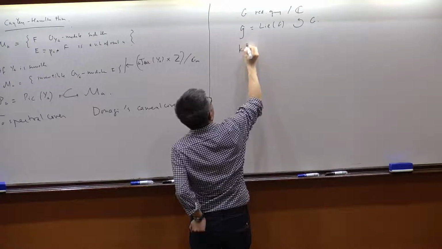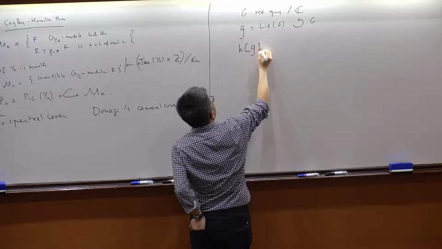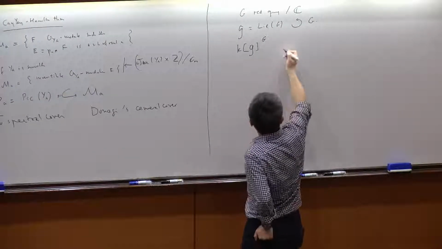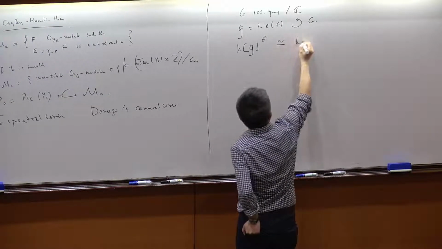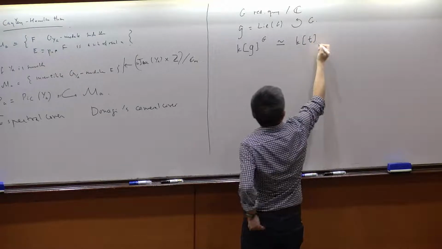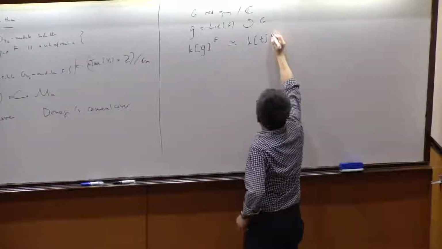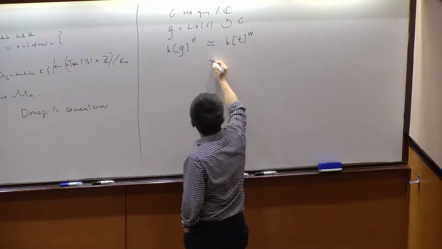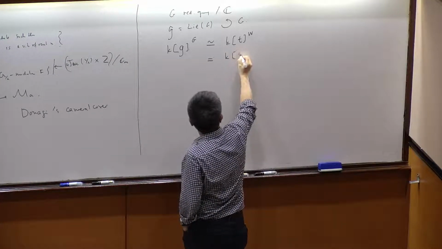We know that the ring of G-invariant functions on the Lie algebra is isomorphic to the ring of W-invariant functions on the Cartan subalgebra, and this is also a polynomial algebra.